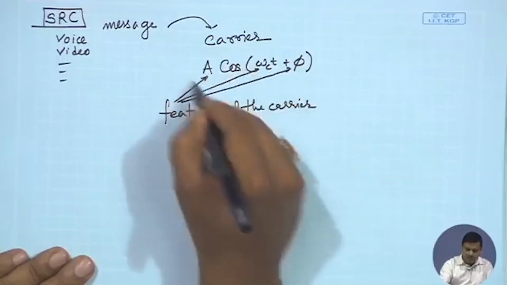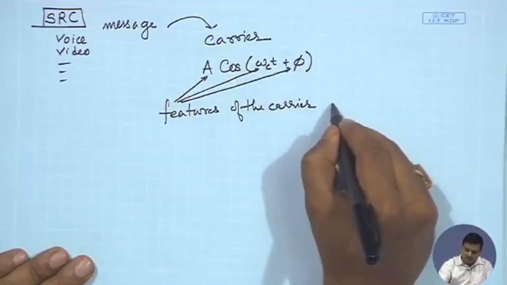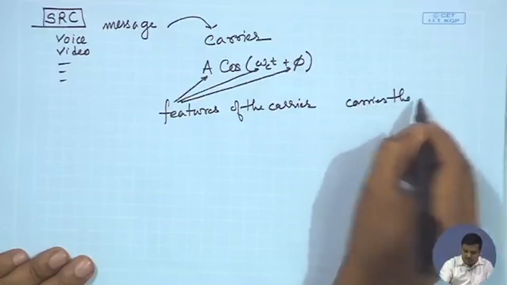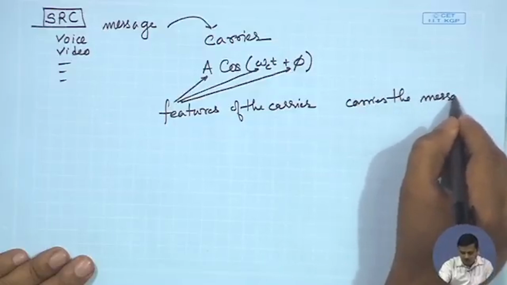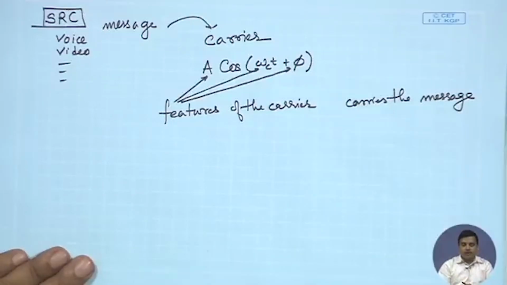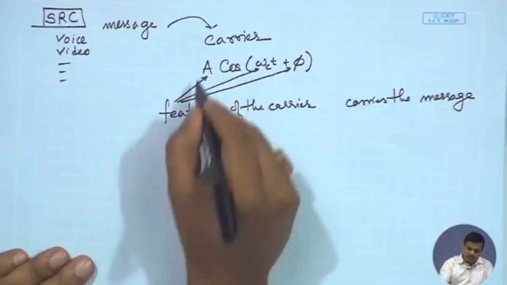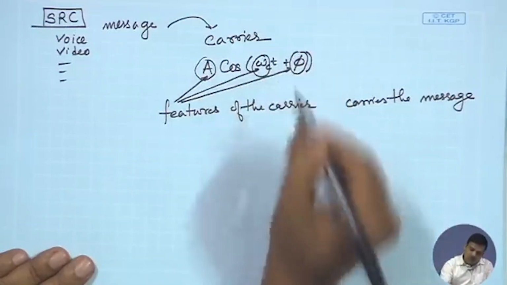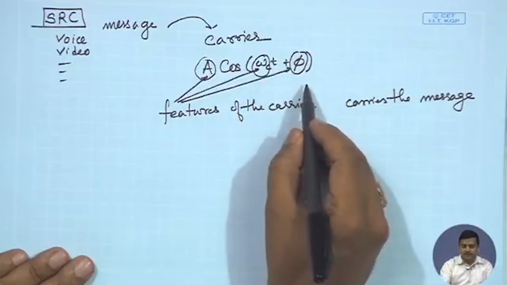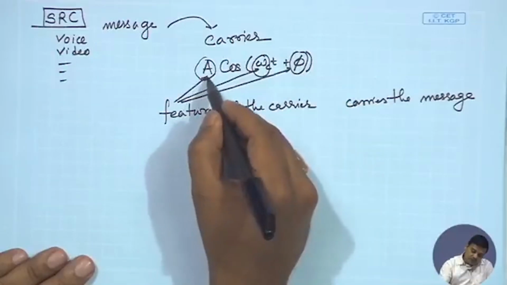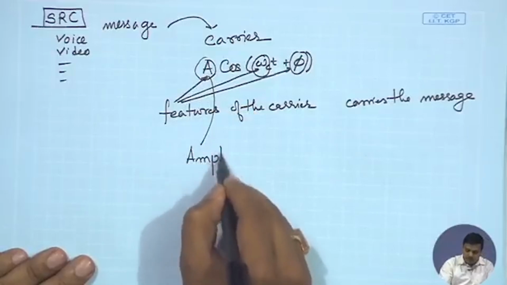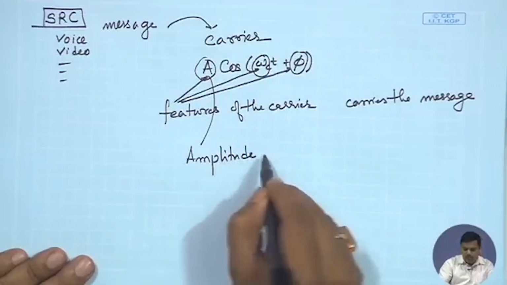Now this carries your message, right? It carries the message on these fundamental parameters by which the carrier is defined. What you have studied is that one could vary the amplitude, and what you would get is amplitude modulation.